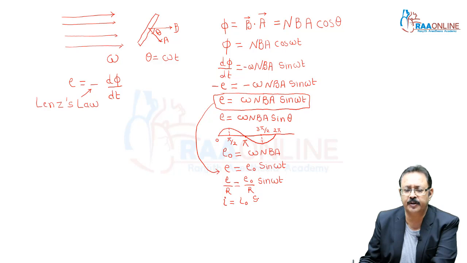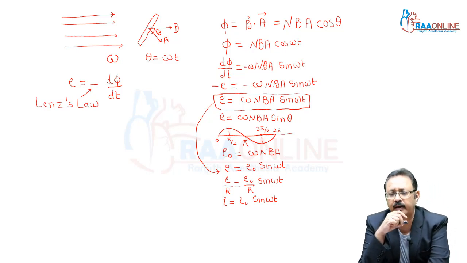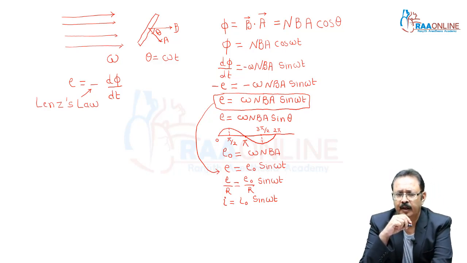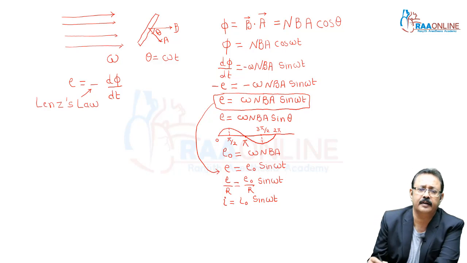So same expression we will get for current: I is equal to I0 sin omega t. It is induced current. So frequency of induced current, again it should be same as the frequency of rotating coil. So remember this, very important results these are.